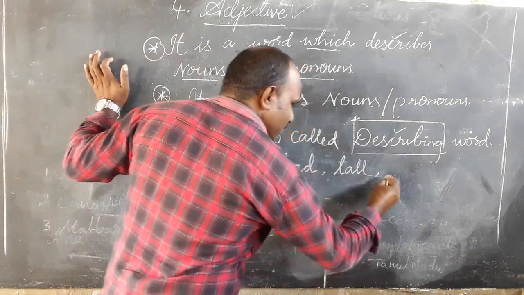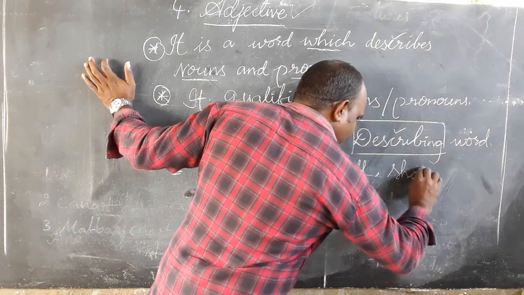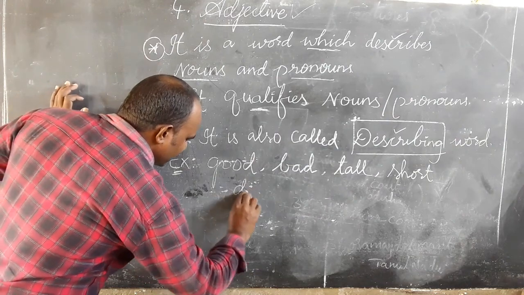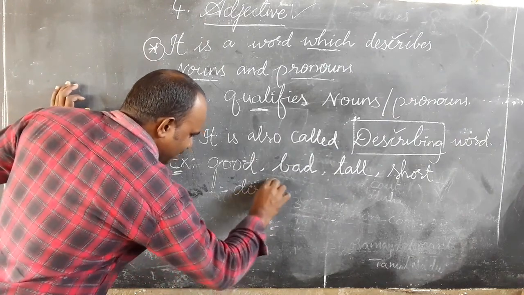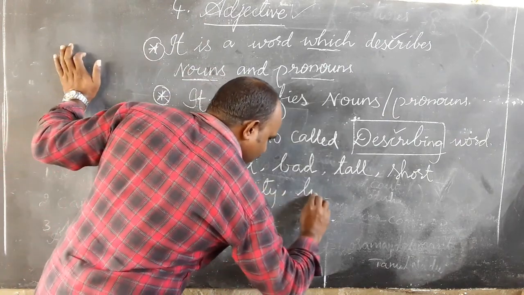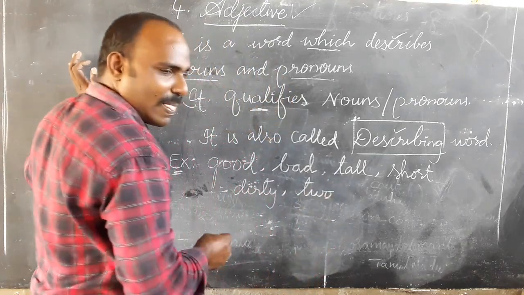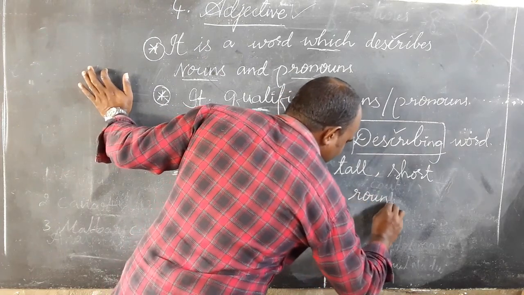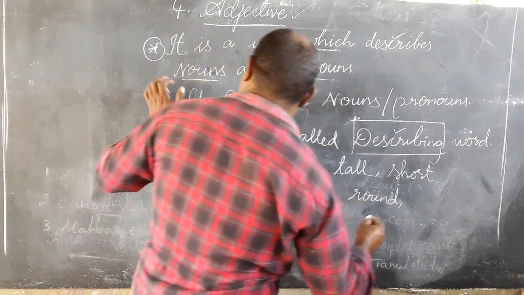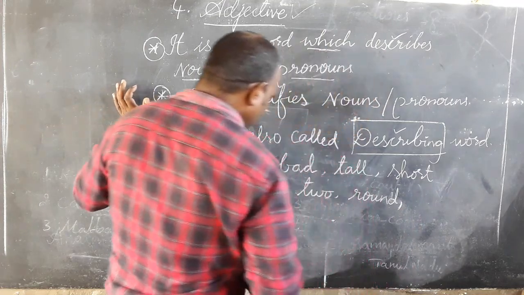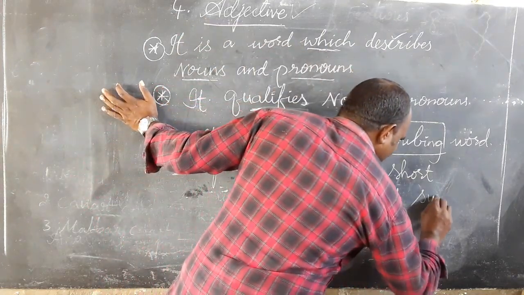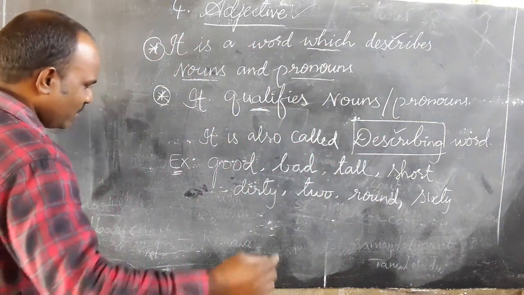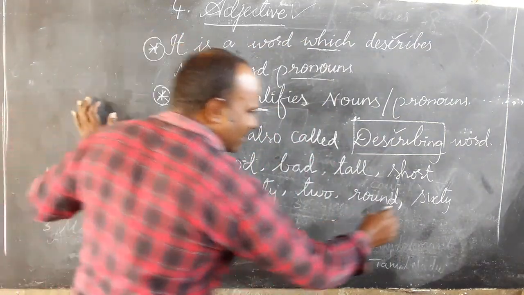Tall, short, dirty, two, round, 60, and some more examples, etc.